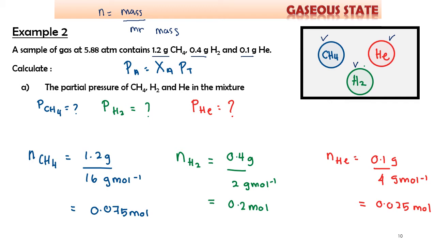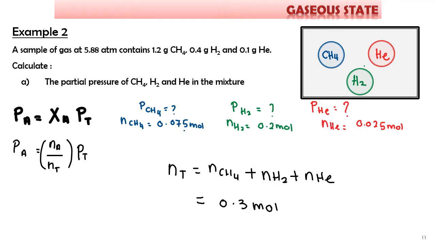So for mole of CH4, you will have 0.075 mole, mole of hydrogen gas H2 0.2 mole, and mole for helium gas is 0.025 mole. So if you want to find partial pressure of each gases, just use this formula.